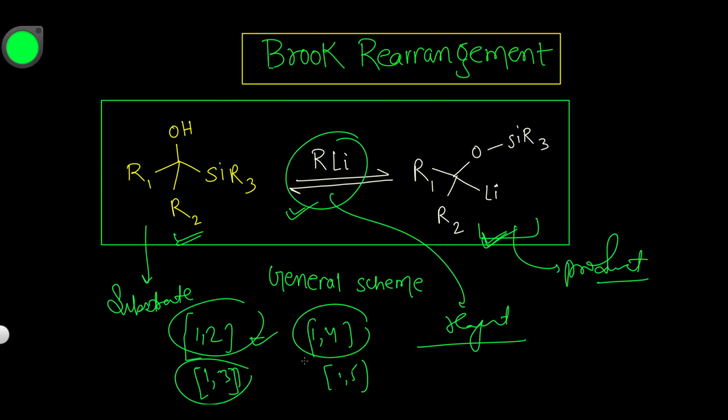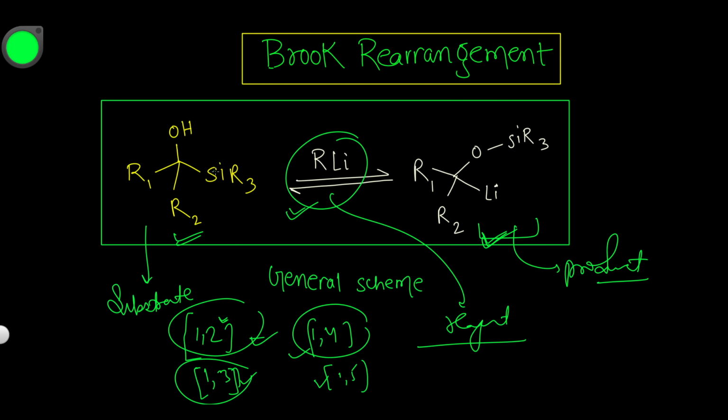I will tell you what the difference is between the 1,2 Brook rearrangement and 1,3, 1,4 and 1,5. Now we have to go through the mechanism of this reaction. Let's start the mechanism of the Brook rearrangement.